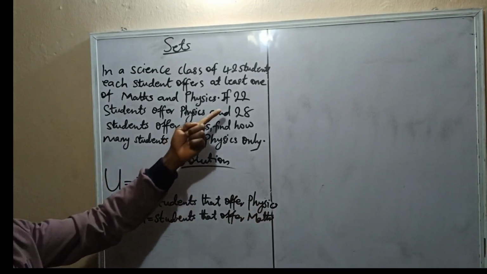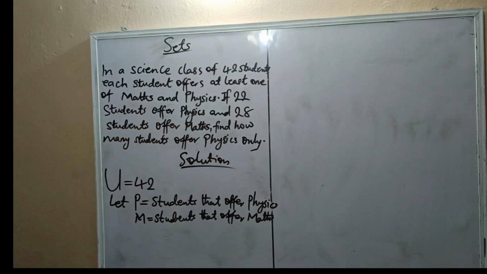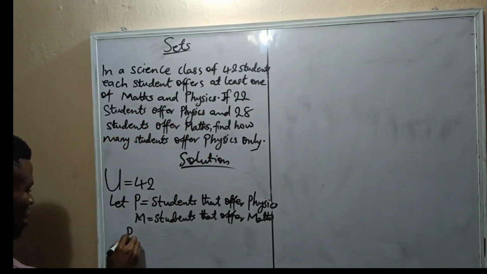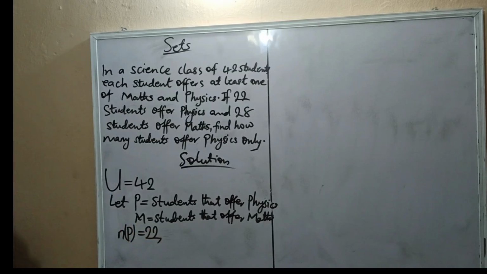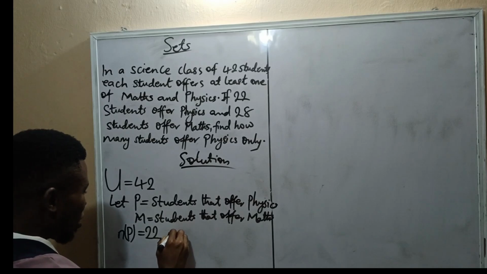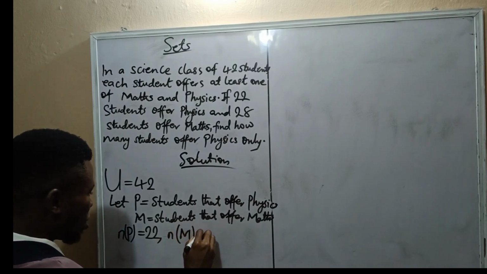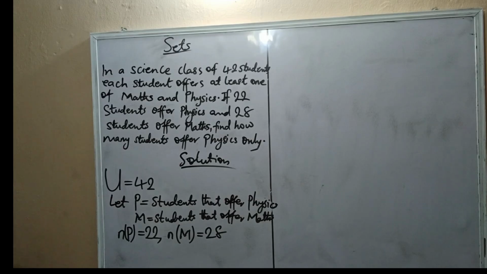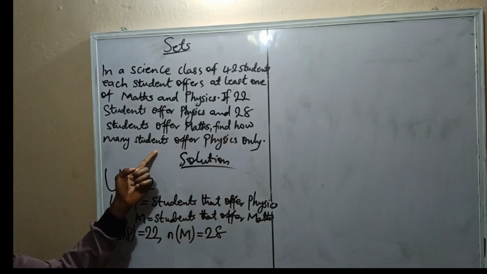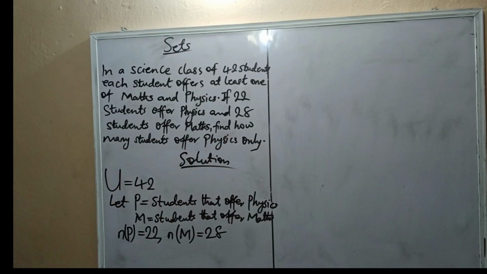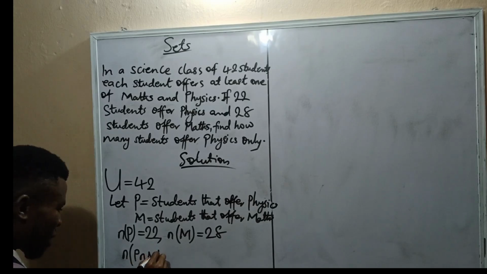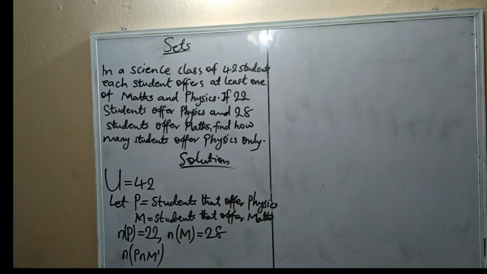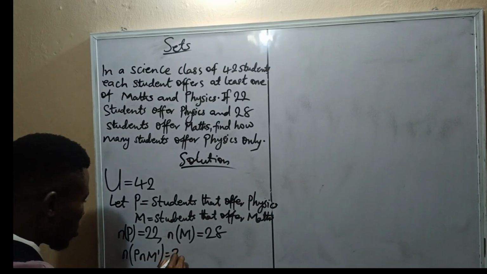They said 22 students offer physics, that means number of P equals 22, right? And number of M equals what? 28. And then find how many students offer physics only. The number of students that offer physics alone is equal to number of P intersection M prime. And this is what we are asked to find.